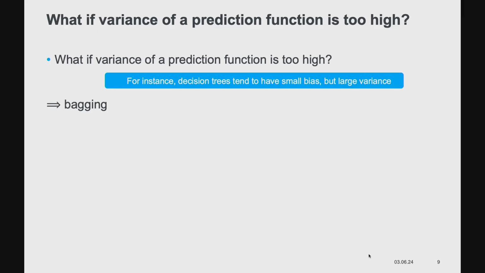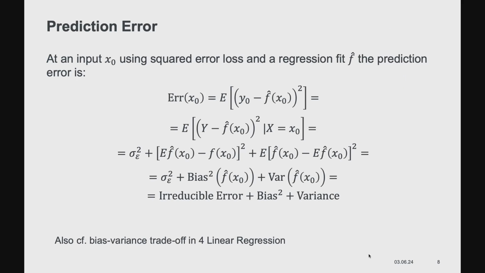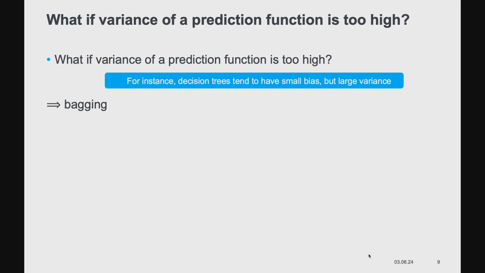The way we have constructed the tree depends a lot on what we have sampled. Then our predicted model f hat will have a high variance with regard to our data sample, and this contributes to the prediction error. So the idea is that we apply bagging or boosting in order to alleviate this prediction error.